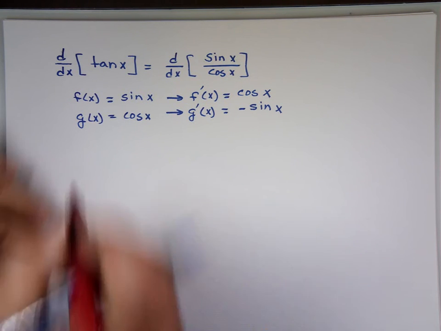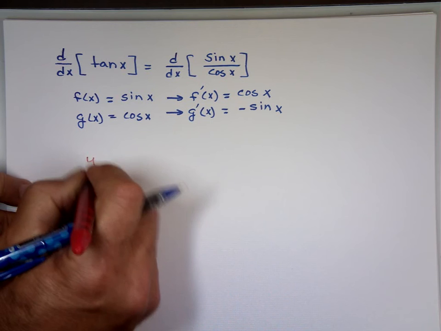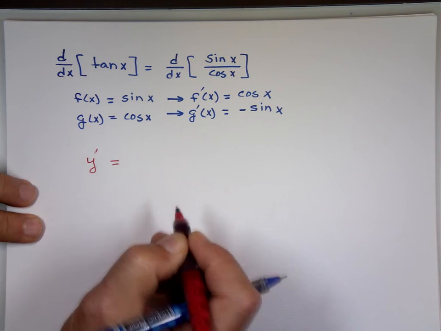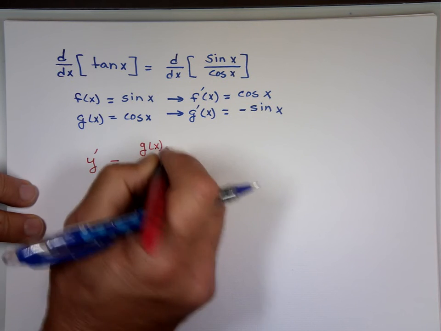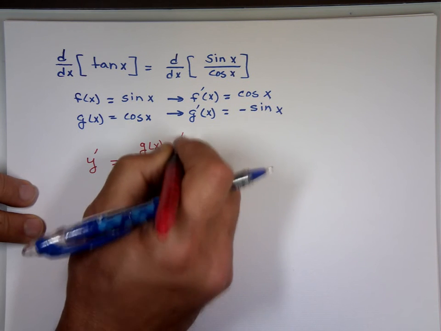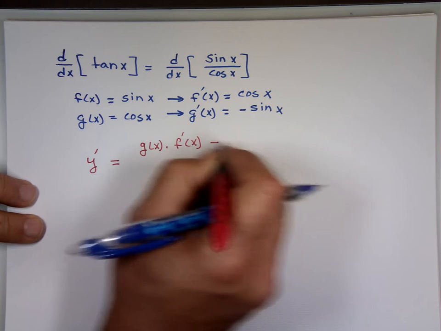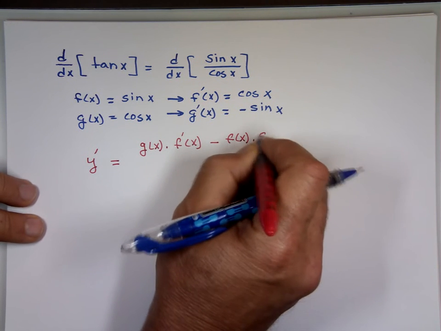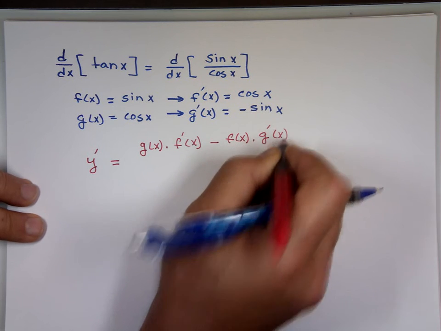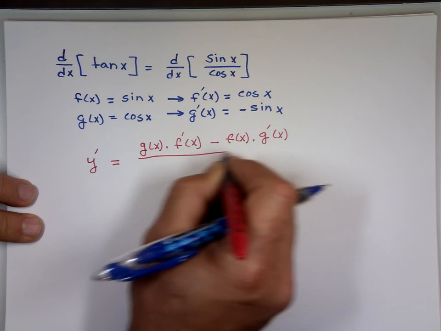Again, what's the derivative? Low times the derivative of the high, d high, minus the high times d low, derivative of the low. I never heard of that before, by the way. So I'm practicing. Over the bottom squared.